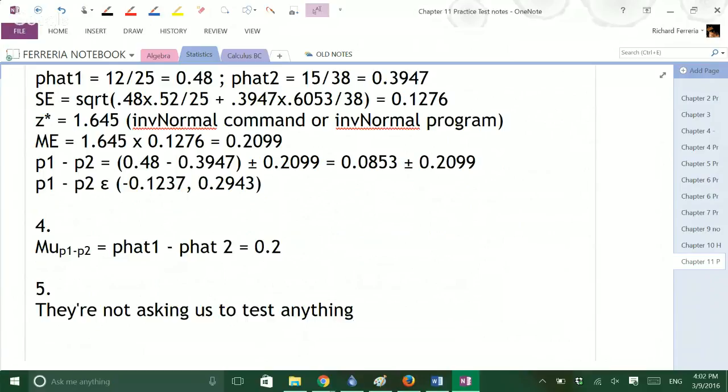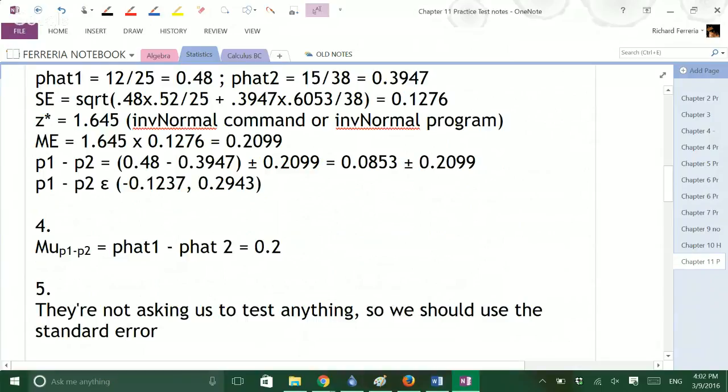If you do a test, you have to compute PC. But if you're not doing a test, then you don't have to compute PC. So they're not asking us to test anything, so we should use the standard error for a confidence interval.